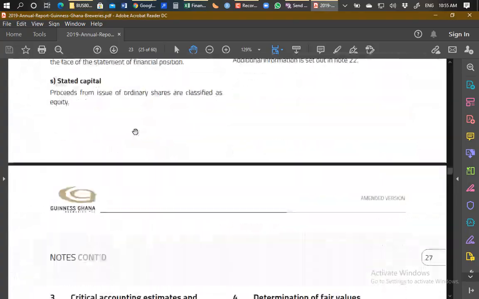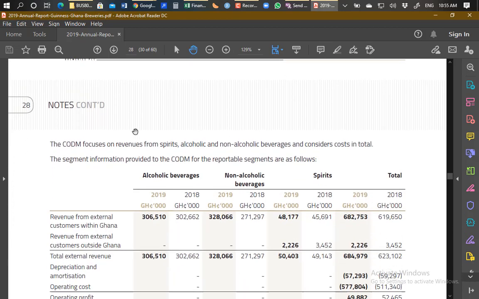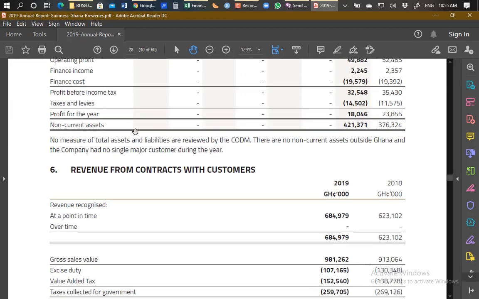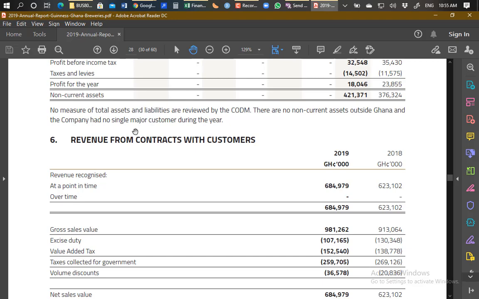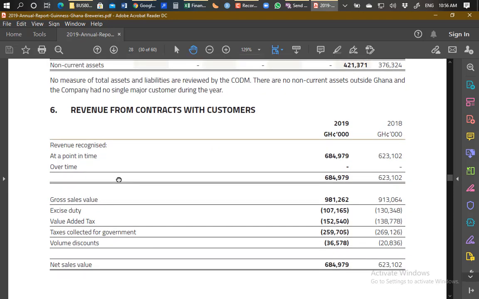And the notes can be very voluminous because they are trying to explain all the things that we have abridged. So note 6. This is note 6. Revenue from contracts with customers. And then you see some level of detail. Let's see the detail they are trying to give us. Revenue recognized at a point in time, and then revenue recognized over time.